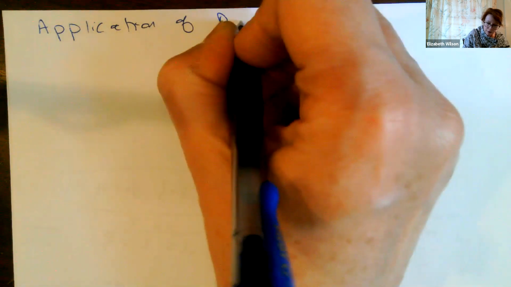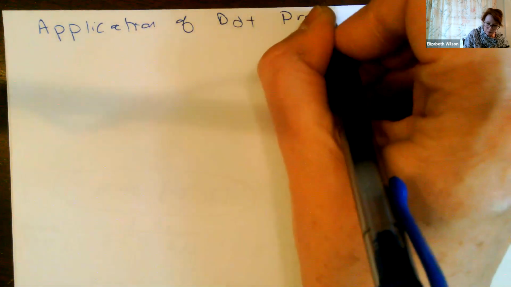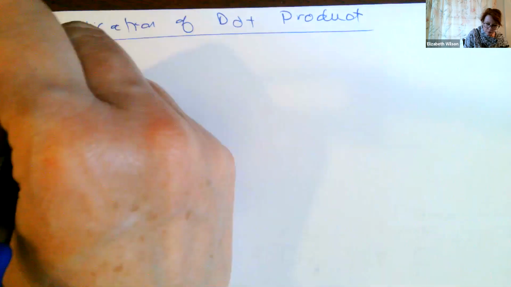The thing that we use the dot product for a lot is called projections. So this is one of the applications of the dot product. It's called projection.